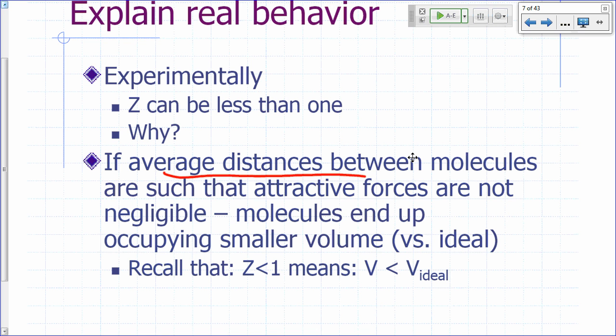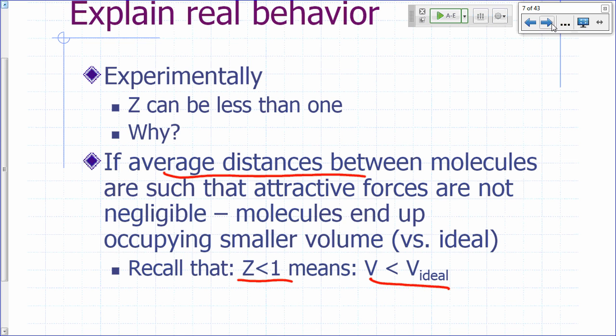So when the pressure is high enough so that the average distance between the molecules is such that attractive forces start to become important, then if there are attractive forces, that means the molecules will occupy a smaller volume than they would if they were just ignoring each other. So that would lead to Z being less than 1. So your volume is going to be less than ideal.